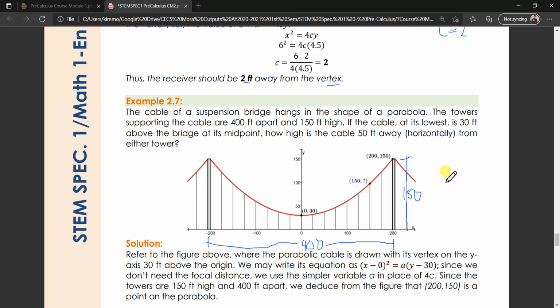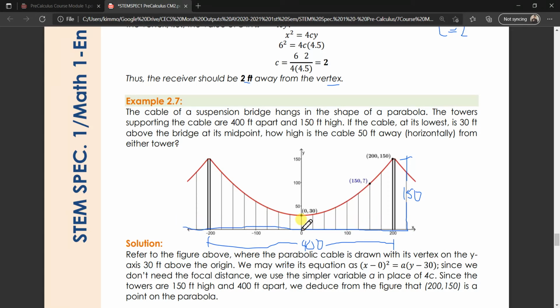So if the cable at its lowest, so ang kinaubsan daw sa tong cable, so atong cable kay nagform daw siya parabola, and ang iyang kinaubsan nga height is 30 feet above sa ato ang bridge. So if this is our bridge kani, dire na tong bridge.